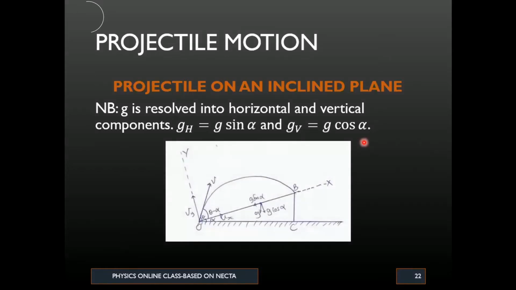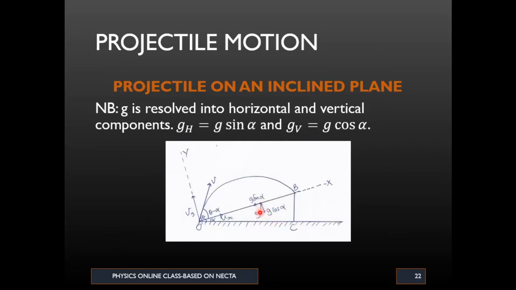Now, this is the diagram showing the projectile projected on the inclined plane. This is our inclined plane, OBC. There is an angle alpha which the inclined plane makes with its horizontal.